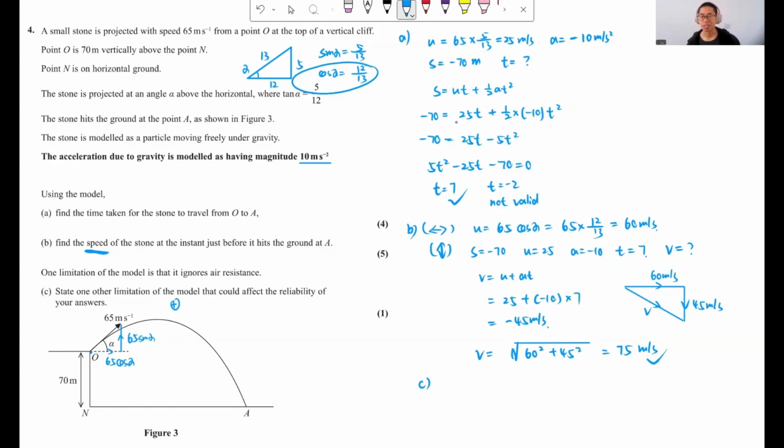Just like always, you can say a more accurate value of g, or you can say the dimension of the stone, or the spin of the stone. Any one of these would be fine. I normally just say a more accurate value of g or the dimension of the stone.